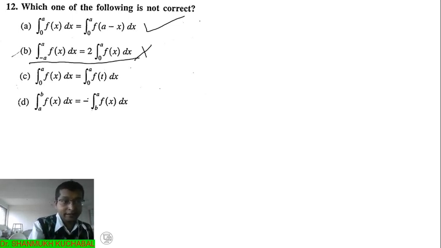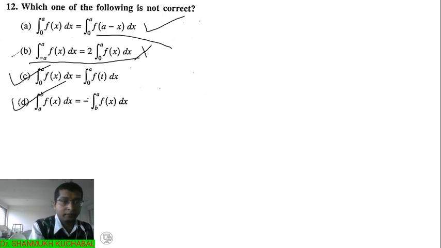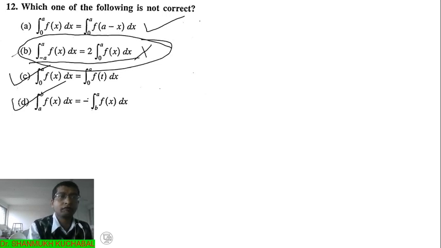And C is using a property of integration; any function we can apply it to. And D also can be applied to any question here. So B is applied only for an even function. Therefore, option B is not a correct option. Therefore, we can say B is the answer here.